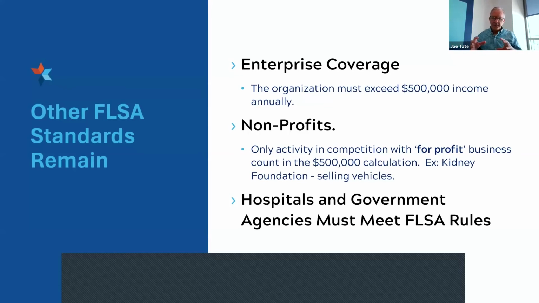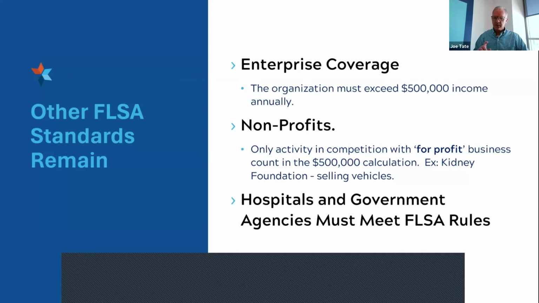However, they have a vehicle donation program where you can donate your vehicle, and then as part of their business, they turn around and sell those vehicles. By virtue of them selling those vehicles, they're in direct competition with for-profit businesses, and if that exceeds $500,000 in a year, then they fall under the Fair Labor Standards Act. Also, just a reminder, hospitals and government agencies also must meet the FLSA rules.